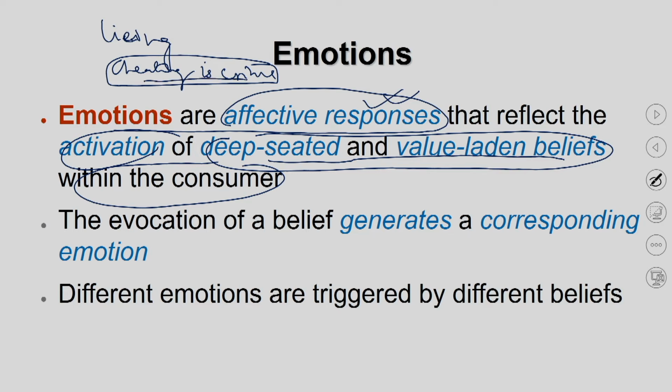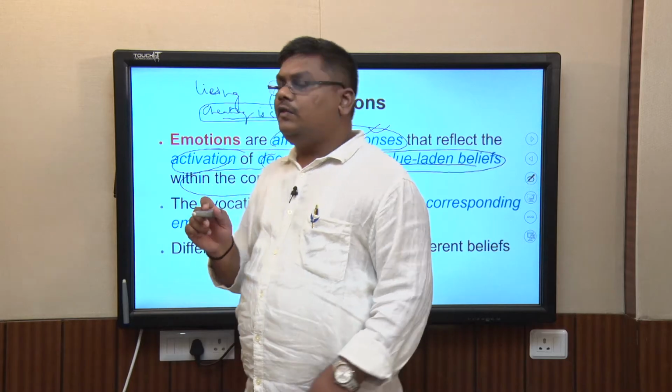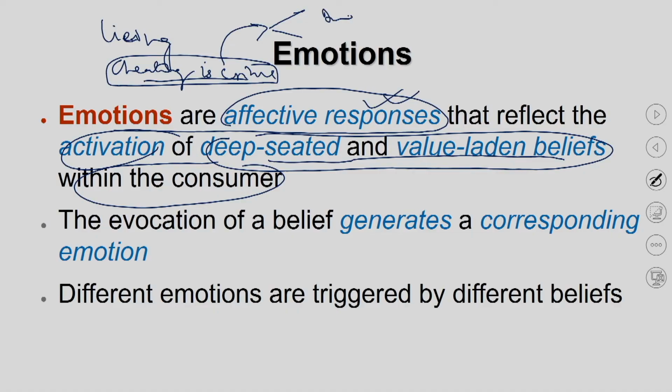But this belief that cheating is crime can lead to different kinds of emotions. If you have been robbed, you feel angry, but if you believe that somebody cheated for sustaining himself, you do not feel that angry, a different emotion altogether. Sympathy is the emotion which gets generated.